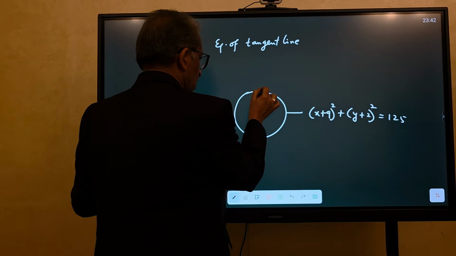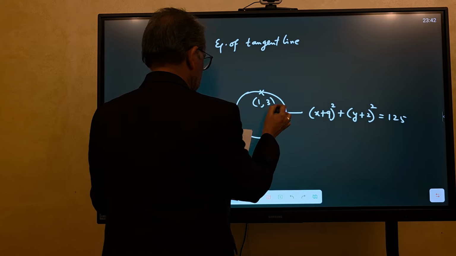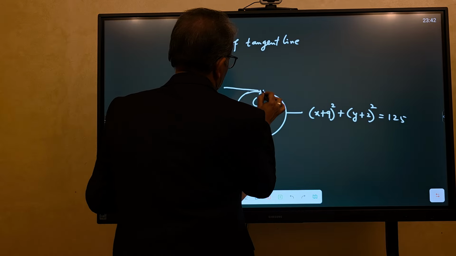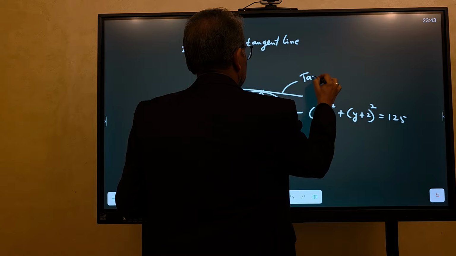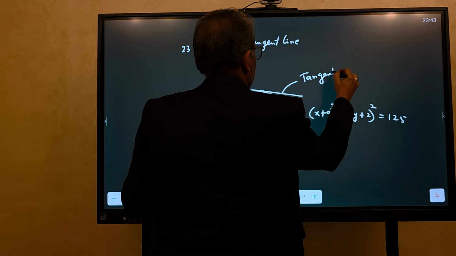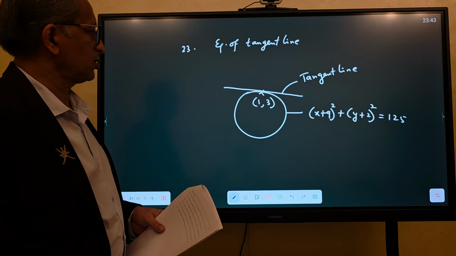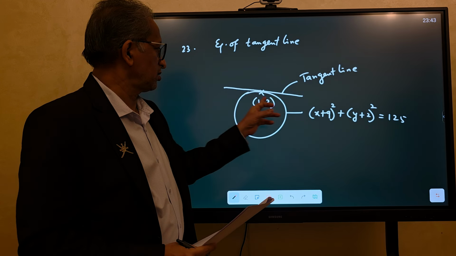And here we have one point, (1, 3). At this point, we have a tangent line. You understood the question? You are given a circle by this equation.